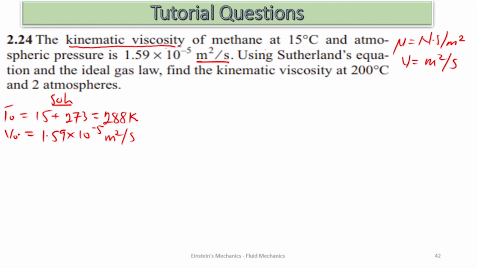Remember, at atmospheric pressure our P naught is 1 atmosphere, 1 atm.